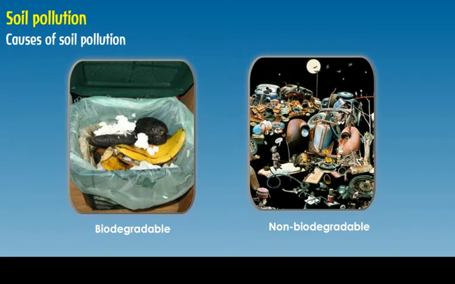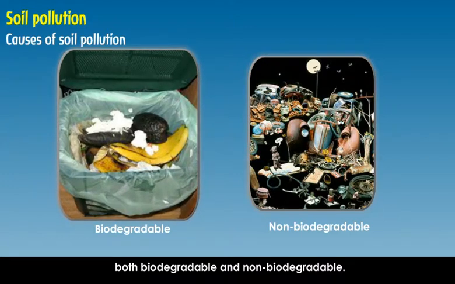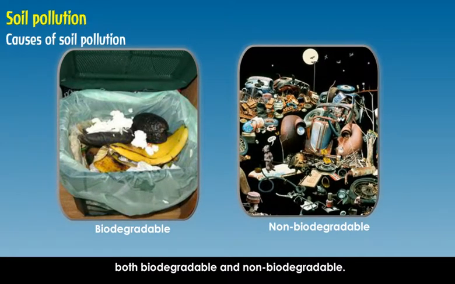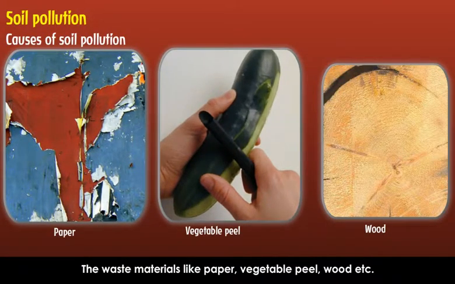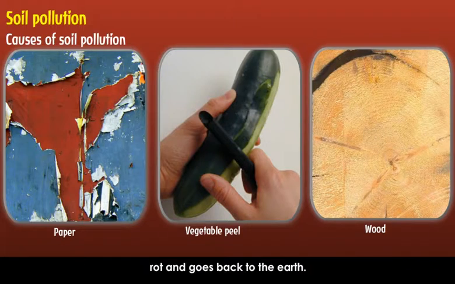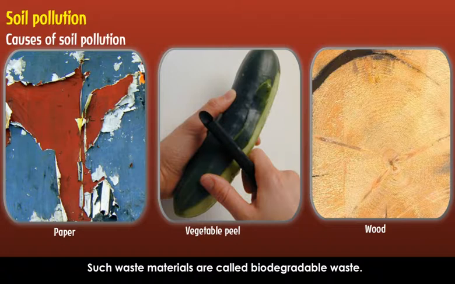Causes of soil pollution. The waste which we dump in the soil includes both biodegradable and non-biodegradable. The waste materials like paper, vegetable peel, wood, etc. rot and go back to the earth. Such waste materials are called biodegradable waste.